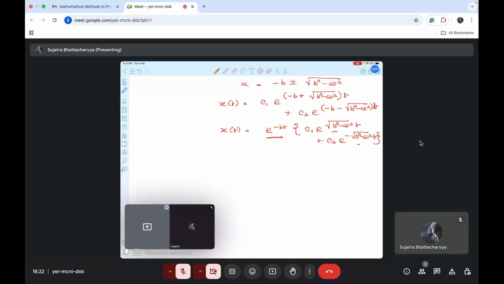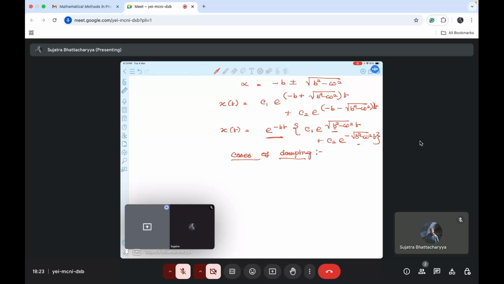So let's say we call those cases of damping. Let's see by putting the different cases. We know that this factor, root over b square minus omega square, will tell us the conditioning of these factors.